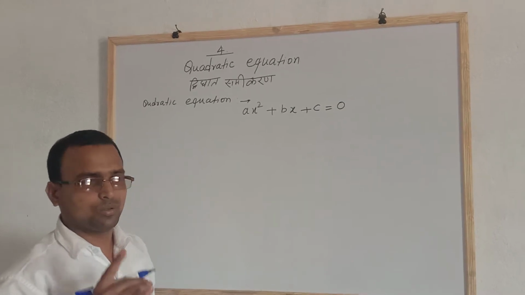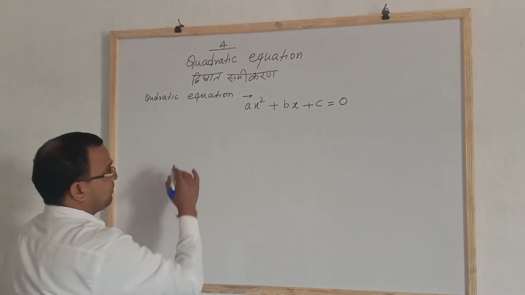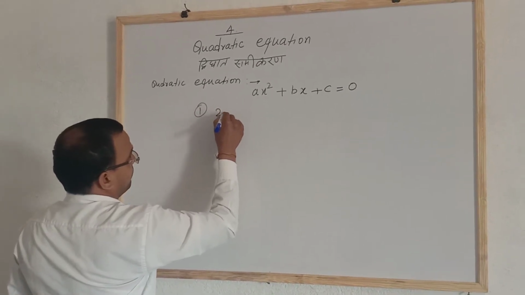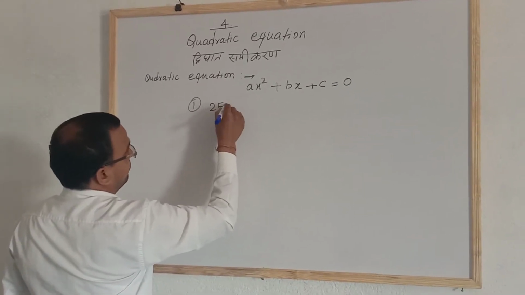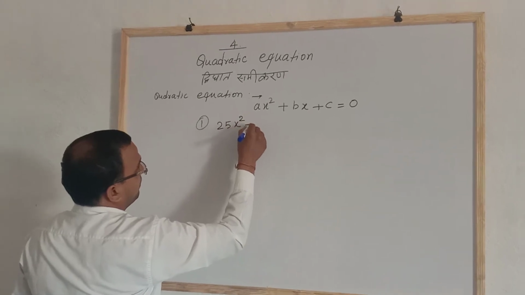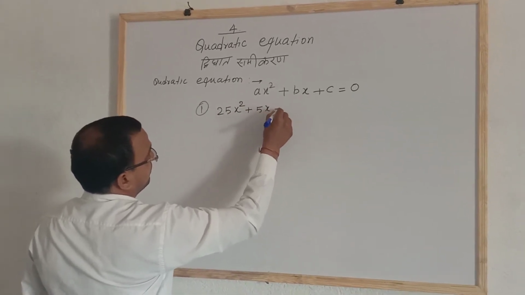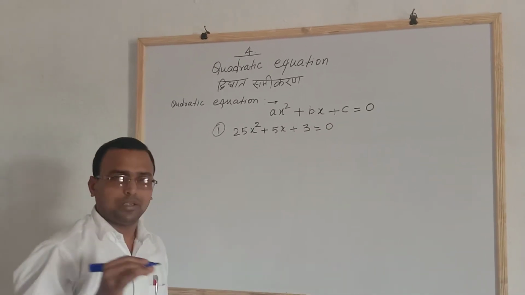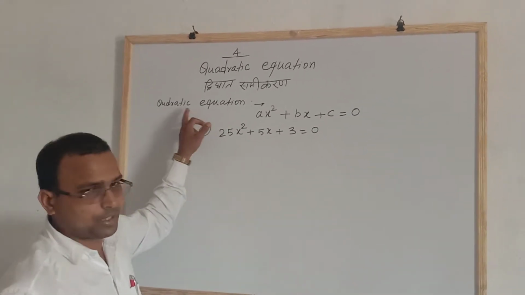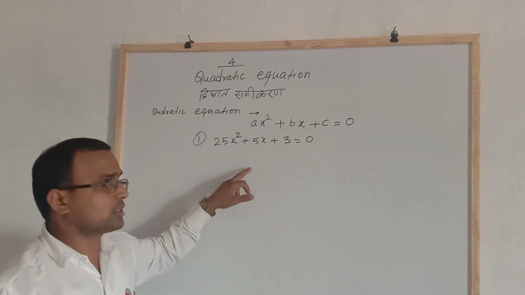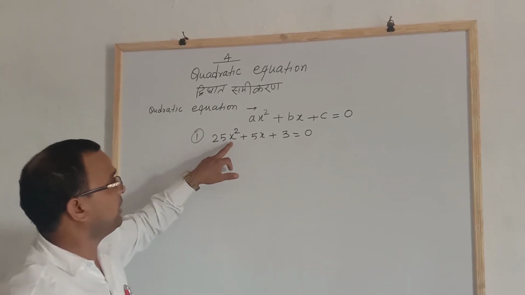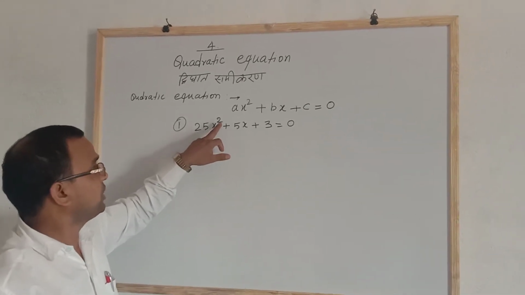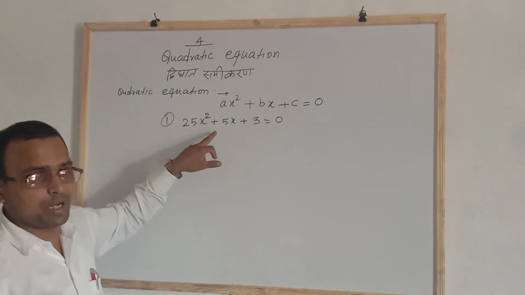Suppose that some example I am writing here. First is 25x square plus 5x plus 3 equal to 0. Is this a quadratic equation? Yes, because here power of variable is 2, maximum power.